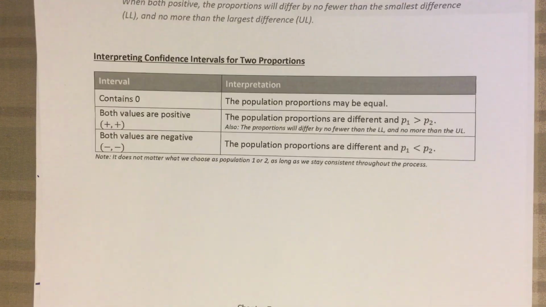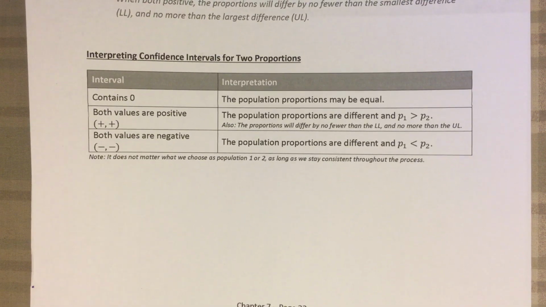And what these tell us is how much our proportions differ. So this table nicely summarizes the different results we may get and the different ways we're going to interpret our confidence intervals for two proportions. The first thing we do is look to see if 0 is included in our interval. If our interval contains 0, then our population proportions may be equal. If both values are positive, then P1 is greater than P2.